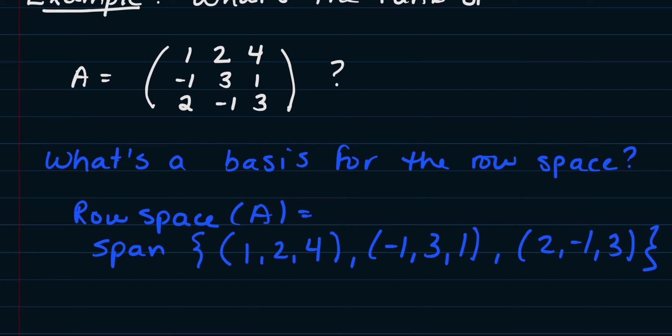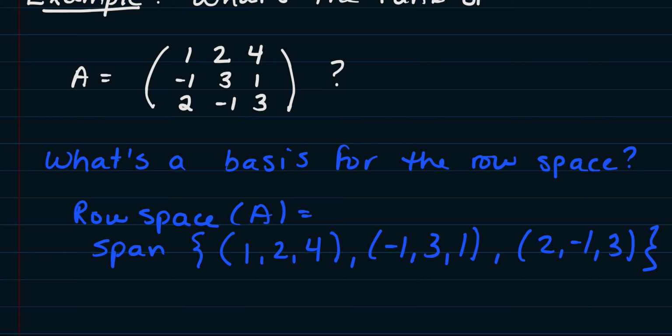Are these three vectors a basis for the row space? Well, they obviously span because we said that they're the span of the row space. We need to check if they're linearly independent or not. So to check that, we put c1 plus c2 times this one plus c3 times this one, set it equal to 0, and solve for c1, c2, and c3.